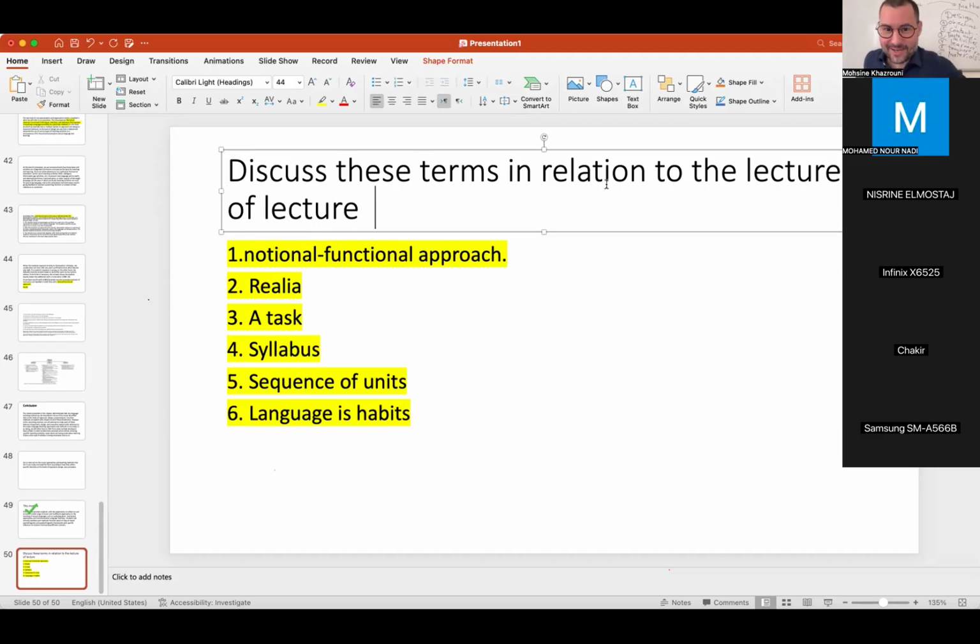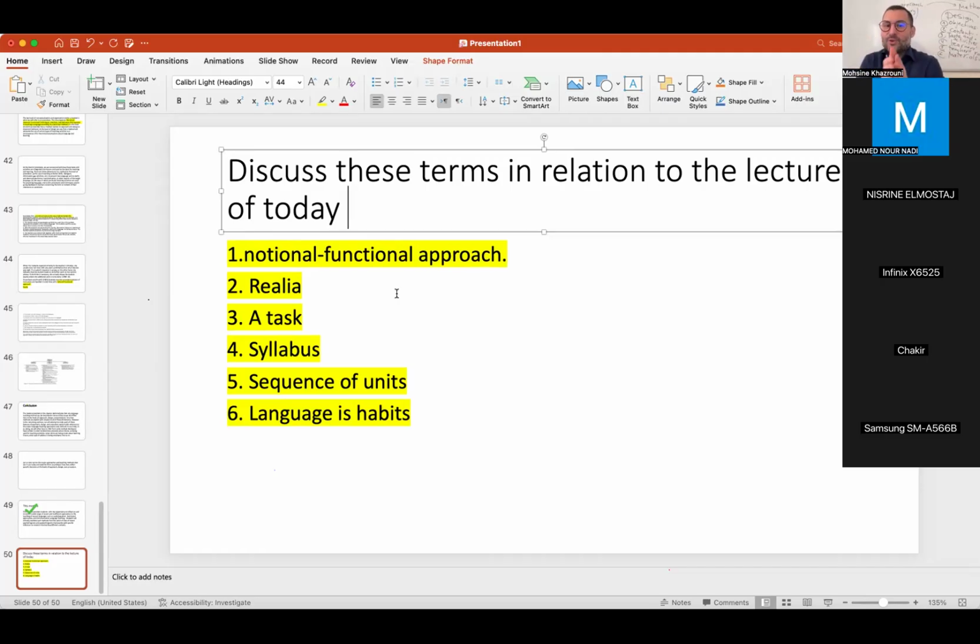Maybe the last part. Discuss these terms in relation to the lecture of today, which means teaching methods and approaches. Yeah, you have 5 minutes. So don't go online and copy and paste those terms.